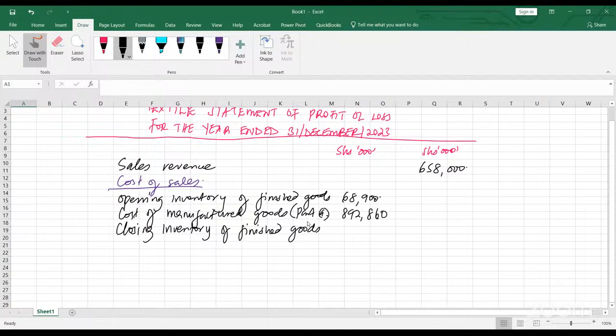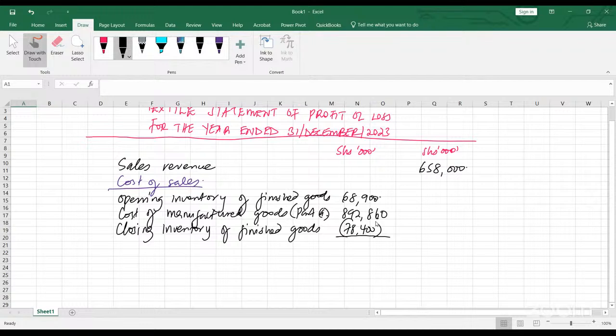The closing inventory of finished goods should be there. It's 78,500. This should be minus.